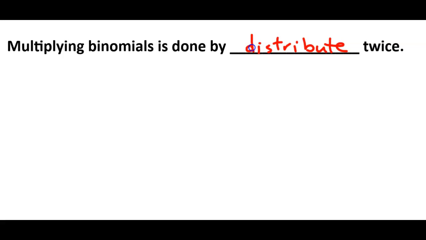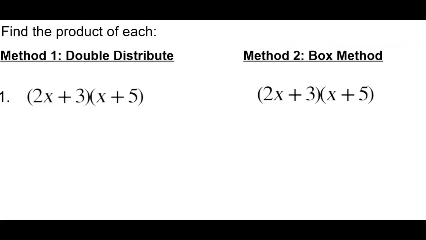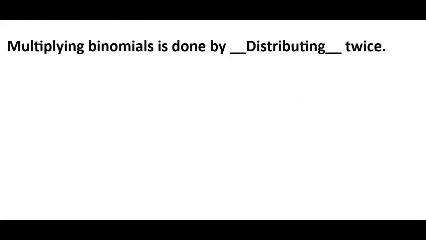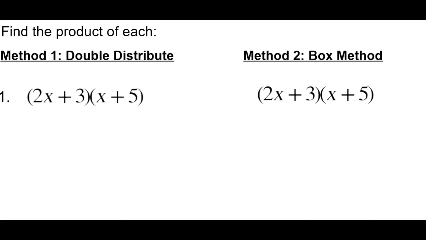It's called FOIL. Some of your teachers might call it FOIL. I'm going to teach you 2 different ways to do it. Okay? Did everybody get that down? Distributing. I do not care which of those ways you do it.